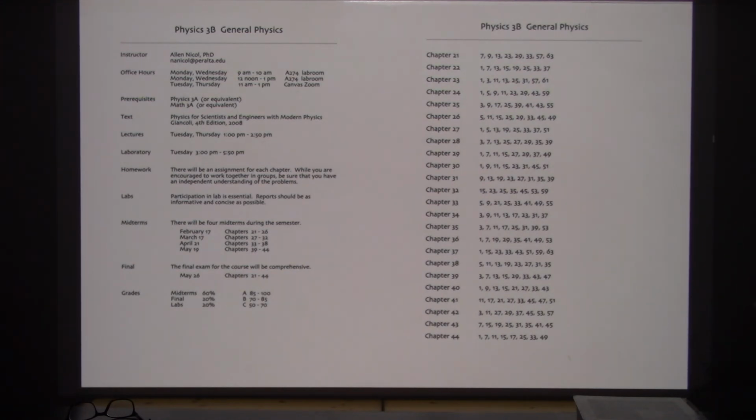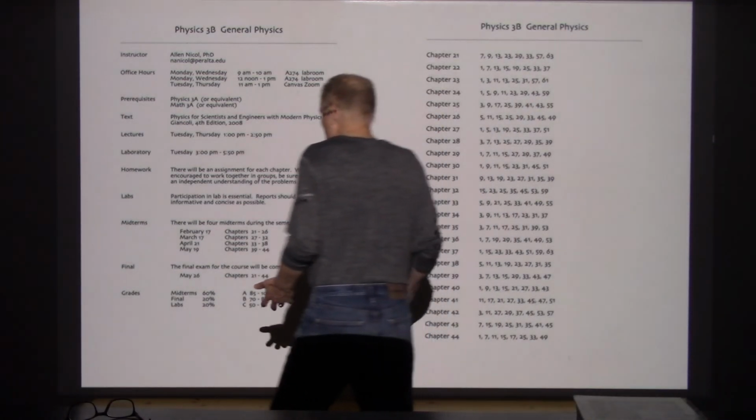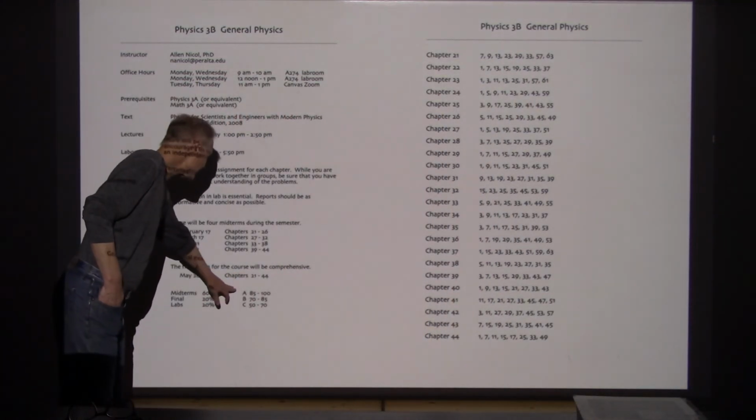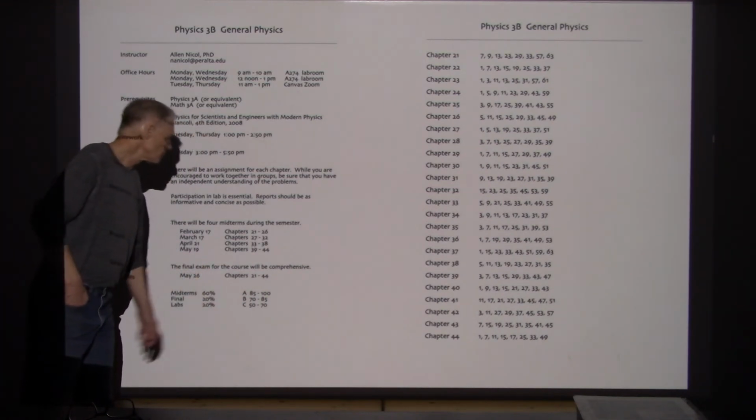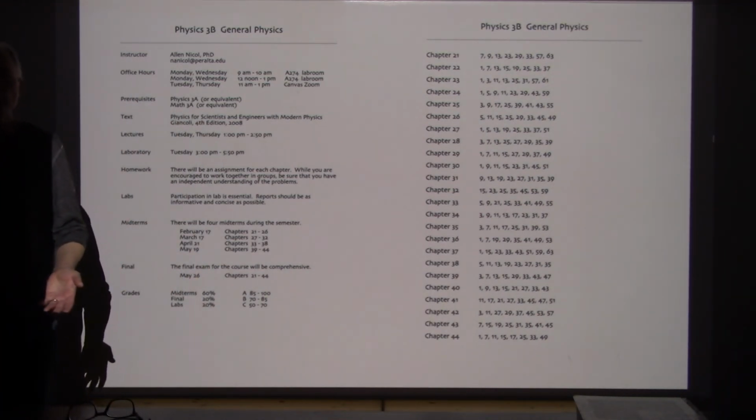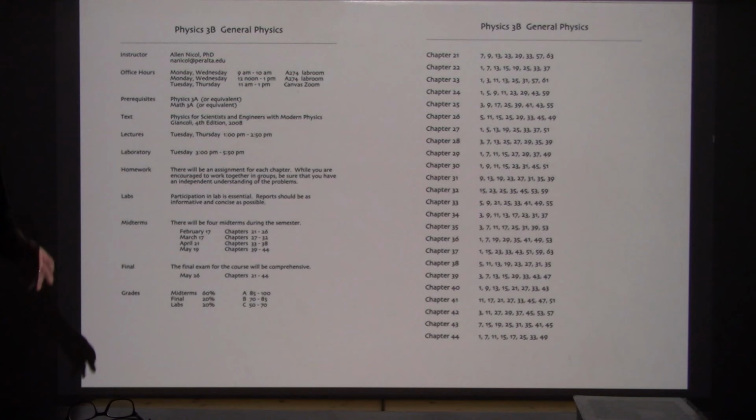So if you can get 9s and 10s on the lab reports, so the labs are graded on a scale of 0 to 10, then the scores on the exams could slip a bit, but you're still going to be able to maybe get an A or a B in the course.